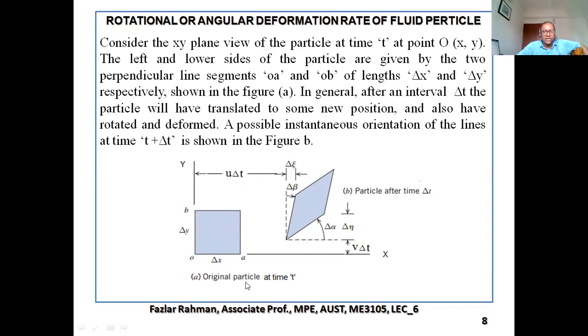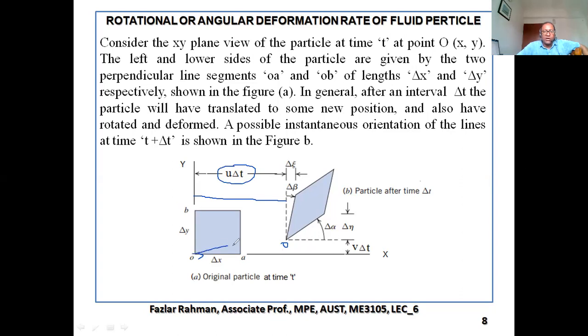What does it mean? That line O is coming right over here. Point O has a velocity u. How much will this distance be? It is u into delta t, the x component of velocity into delta t.